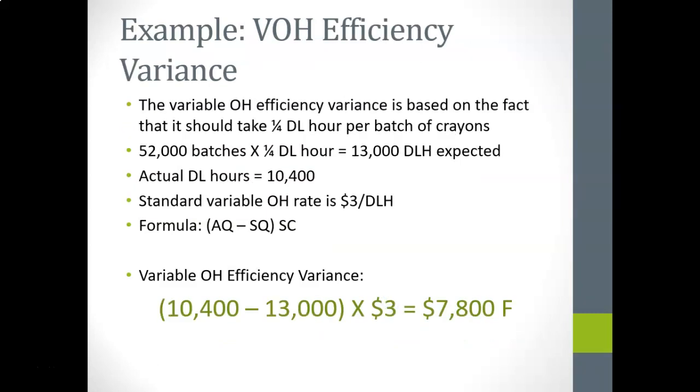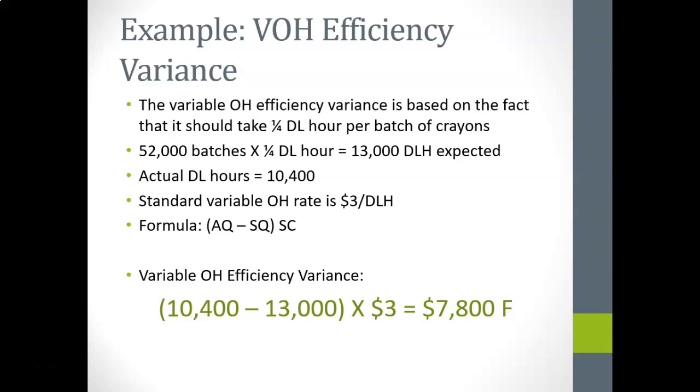Now we take a look at the efficiency variance. Okay, the efficiency variance is based on how many hours did we use versus how many hours did we think we would use. Now we thought we would use 13,000 hours for 52,000 boxes of crayons. And our actual direct labor hours was 10,400. Our standard overhead rate cost is $3 per direct labor hour, and our formula for efficiency variance is the actual quantity minus the standard quantity, and that difference times the standard cost per unit.